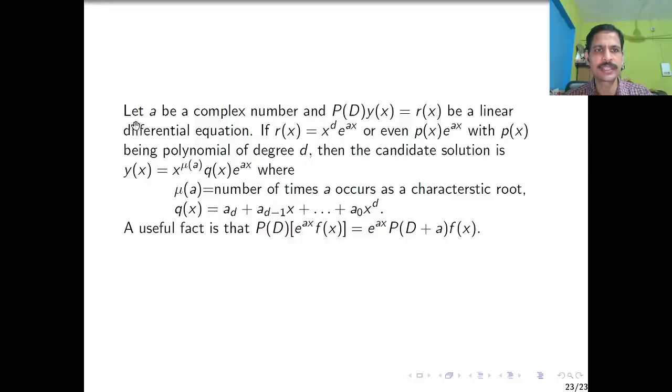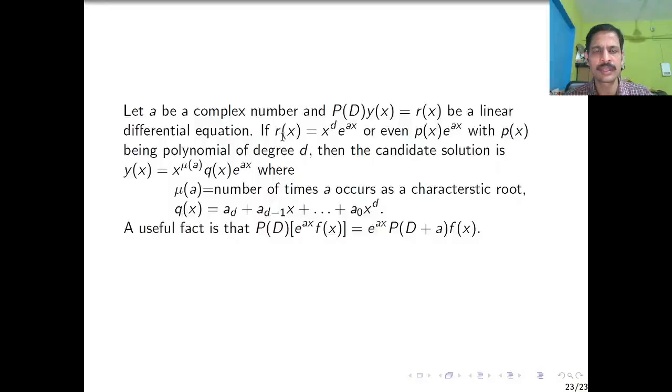So this method says, let a be a complex number and P(D) y(x) equal to Rx be a linear differential equation. So we are writing the differential equation using this notation. This is a polynomial P with the variable, the differential operator d by dx.